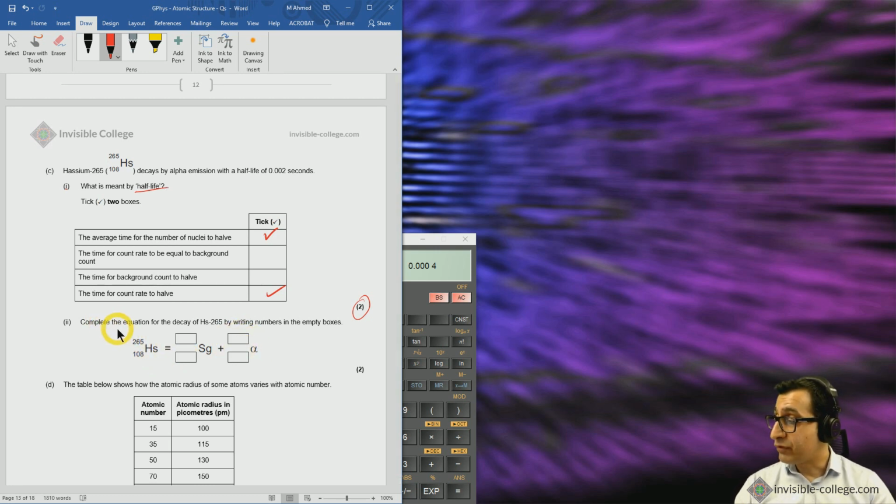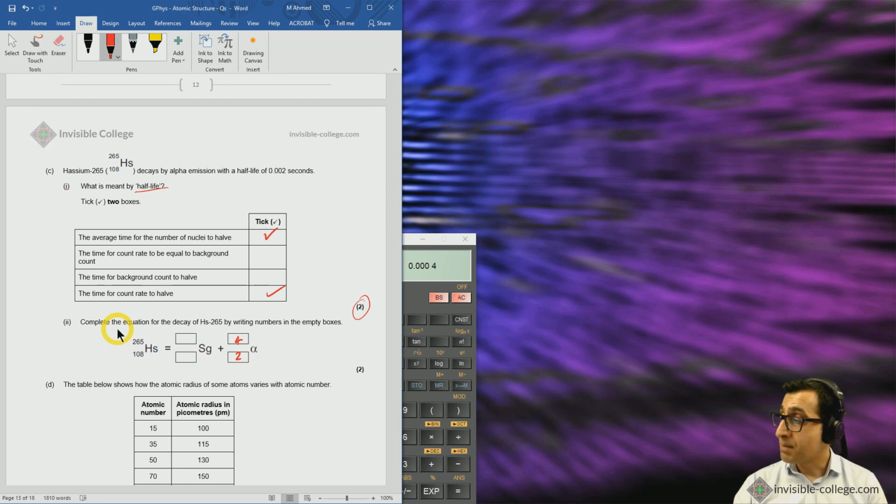So we know that an alpha particle has a mass number of 4 and an atomic number of 2, and we also know that the total mass number on the left-hand side of this equation must equal the total mass number on the right. We also know that the total atomic number on the left-hand side must equal the total atomic number on the right.